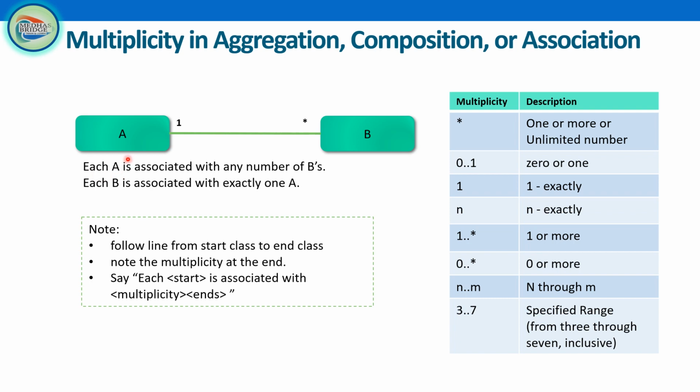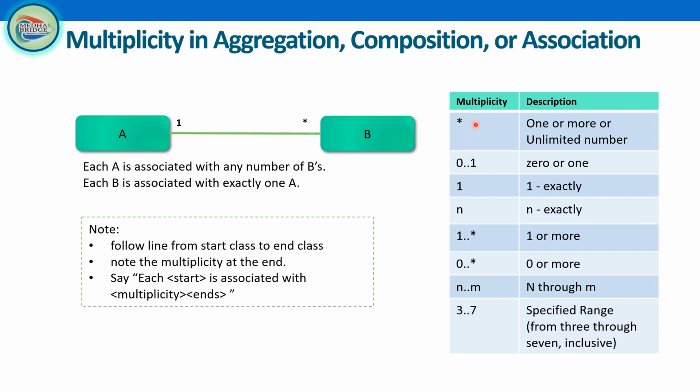Each A is associated with any number of B's, one to many. On the other hand, each B is associated with exactly one A. That is what the representation means to us.